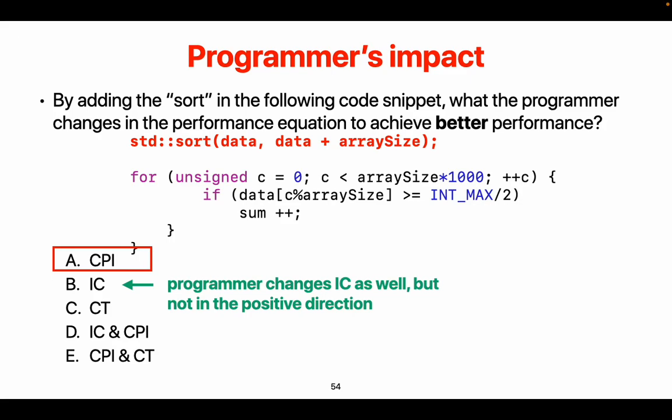It's the same processor, so there must be something going in a better way. That's actually the CPI. So this is a case where, as a programmer, you change both the instruction count and CPI. However, you change the instruction count in a bad way, but make the CPI go in a good way.